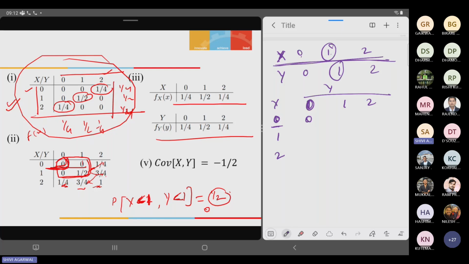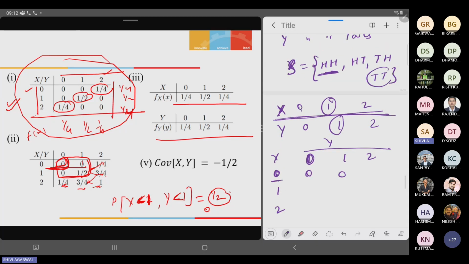No, because both should be tails at the same time. Both tails means TT, and the probability of TT is 1 by 4 here. Got it? Similarly, when X is equal to 1 and Y is no tail, X is equal to 1 head, but what is the other one?